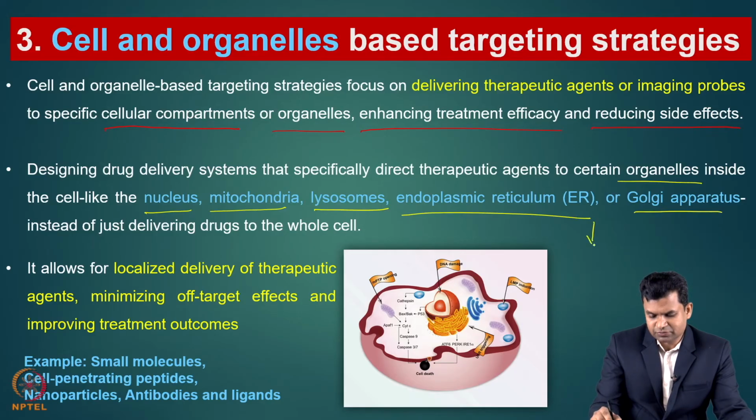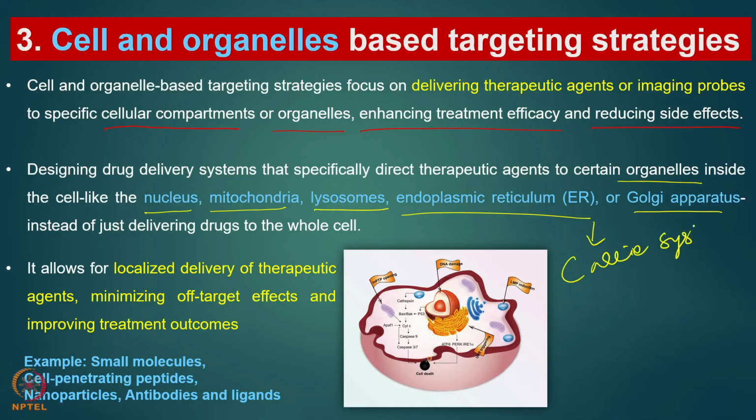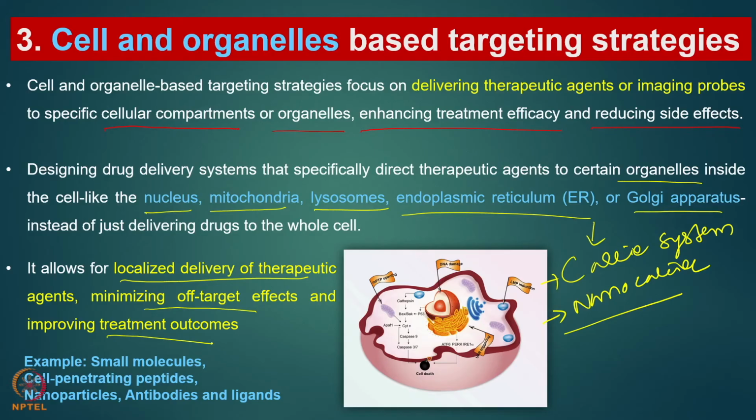These all can be done with carrier systems, or you can say drug delivery systems or nano carriers, which we can target into various cell organelles. So, this will specifically reach those particular cells instead of normal cells. It will allow localized delivery of therapeutic agents, which definitely minimizes the off target effects, and that will definitely give an improvement in the therapy.